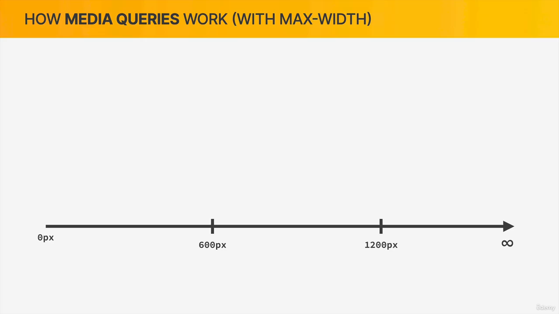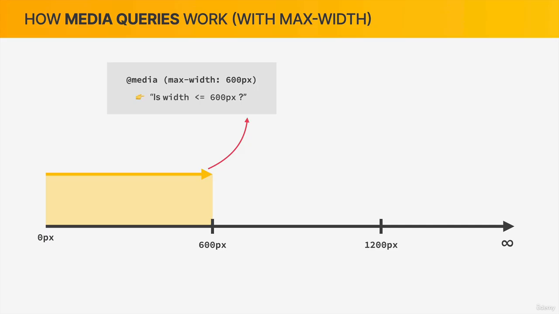Let's say that we wanted to apply a certain style for the range between 0 and 600 pixels. Then we could write a media query like this: @media and then max width 600 pixels. Basically, this media query checks if the current viewport width is smaller or equal than 600 pixels. If it is, then all the CSS code that is in this media query will apply.